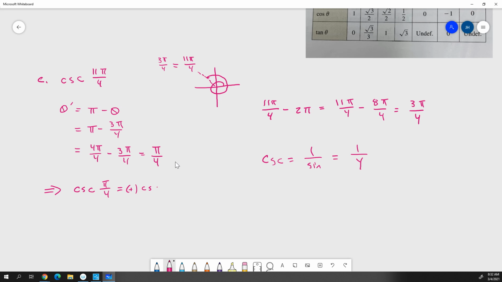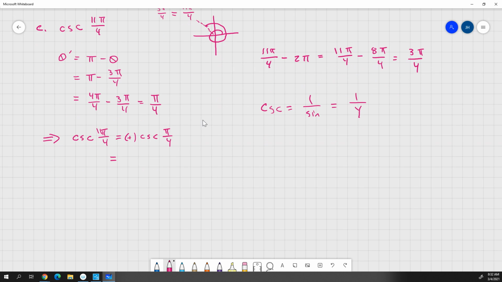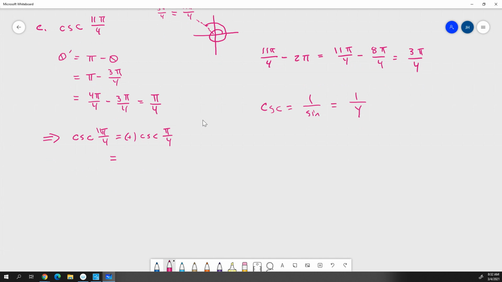Cosecant of 11 pi over 4 is the same as saying cosecant of positive pi over 4, which is the same as saying 1 over sine of pi over 4.